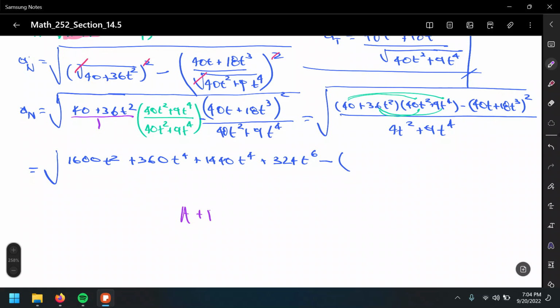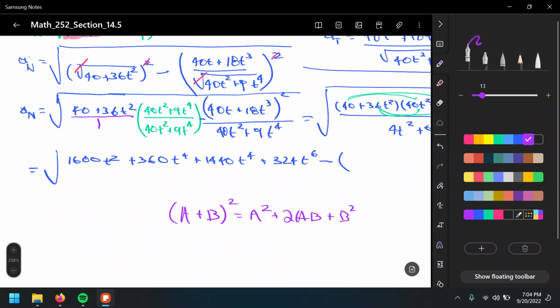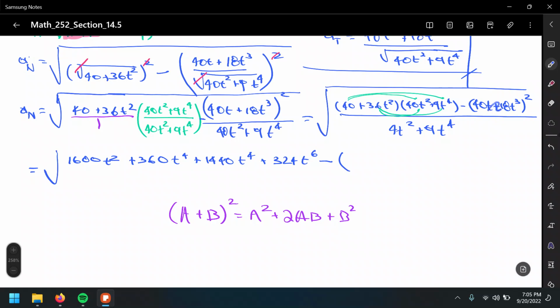A plus b quantity squared equals a squared plus 2ab plus b squared. So what do we have? 40t quantity squared. That's another 1600 t squared. And check this out. With a minus in the front, that's going to cancel out with 1600. It's going to cancel out with the other one, which is great.